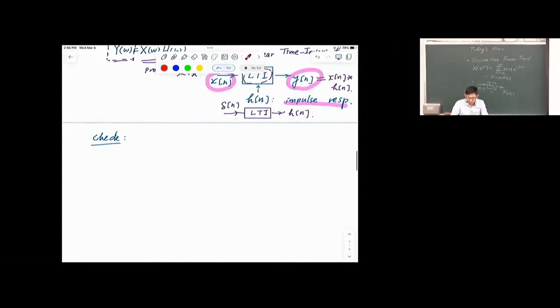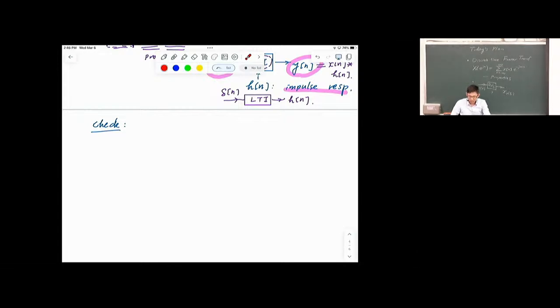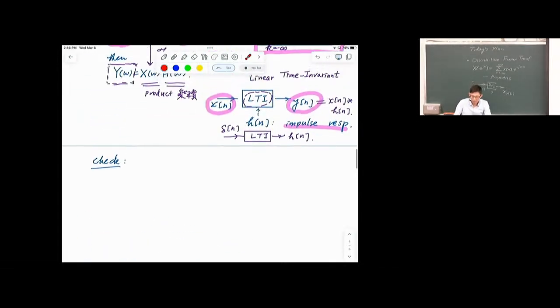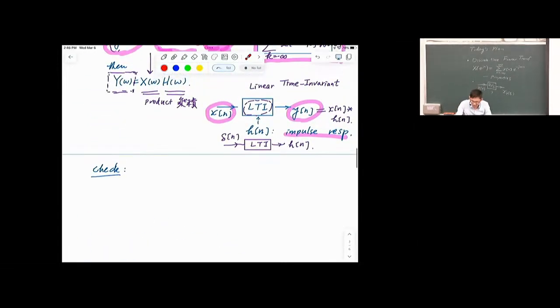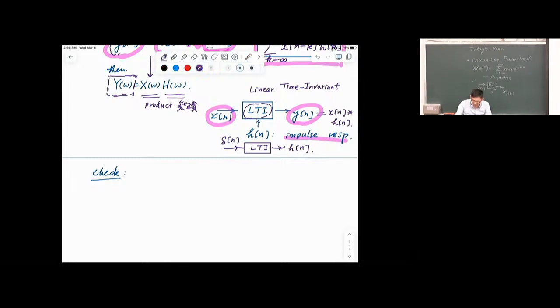It turns out that checking is not that hard. I left enough space this time, I promise. How do we check it? What is Y of omega? Y of omega is the Fourier transform of y of n, so it's the sum over all n of y of n e to the minus j omega n.